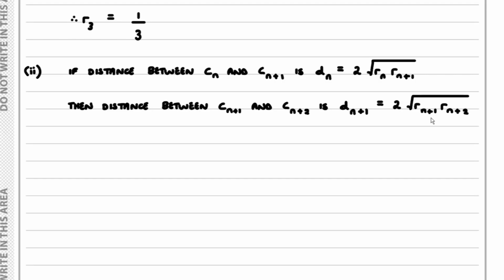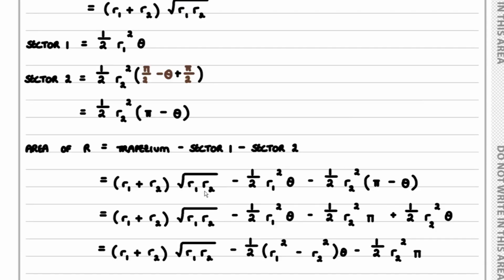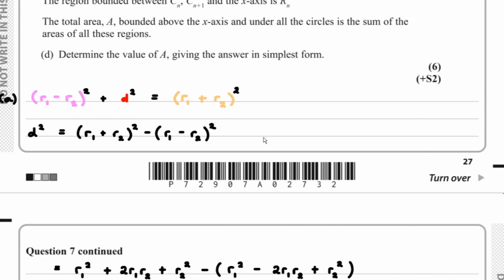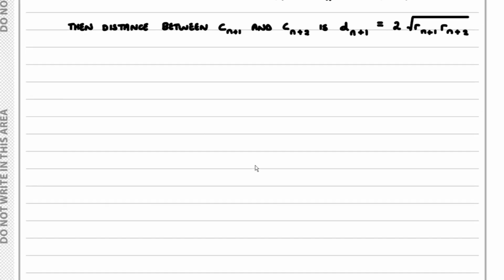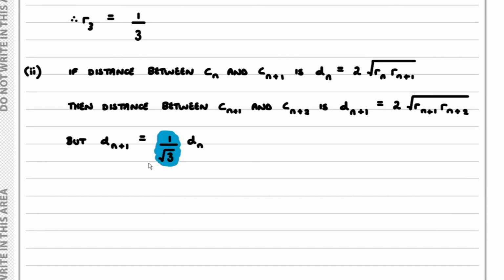Now, what we would know is we've got this common ratio of 1/√3, meaning dn+1 equals 1/√3 dn. And we know what dn is, that's the result shown here. So we've got 1/√3 times by this 2 times by the square root of Rn times Rn+1. So that's what dn+1 is.